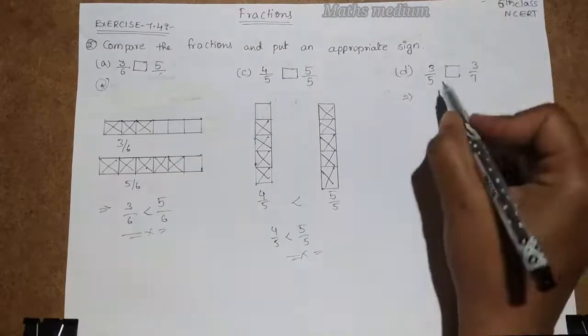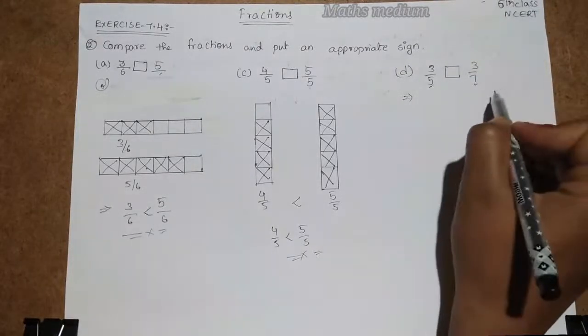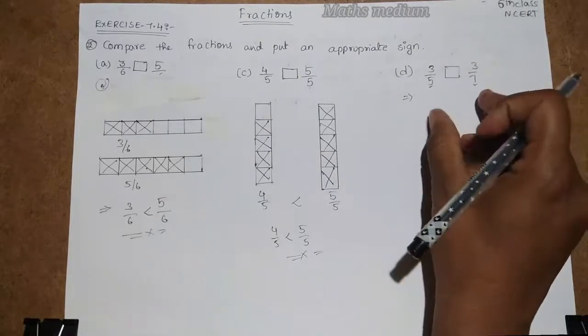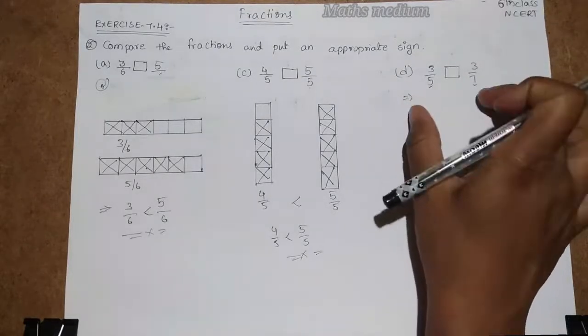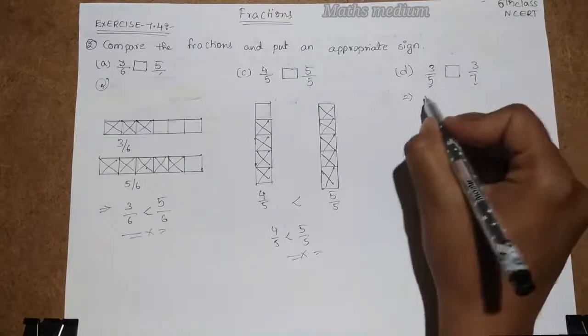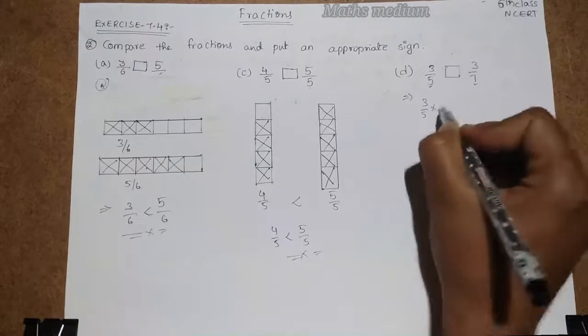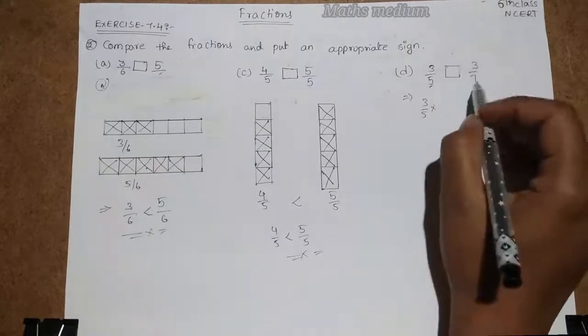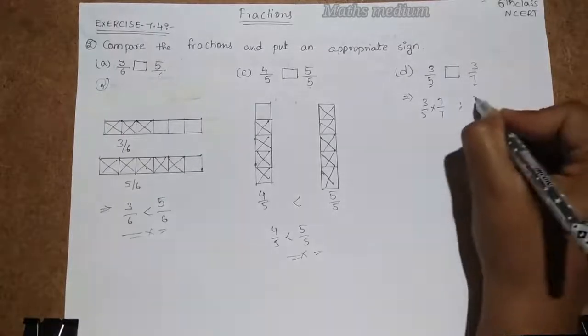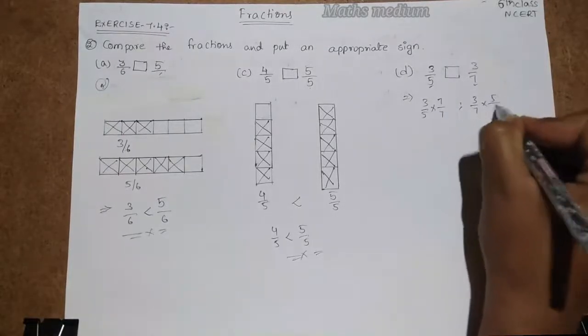So this numerator is 5 and this numerator is 7. If you make these two have equal denominators, that means like fractions, then we can compare easily. So 3 by 5 into 7 by 7. Here also 3 by 7 into 5 by 5.